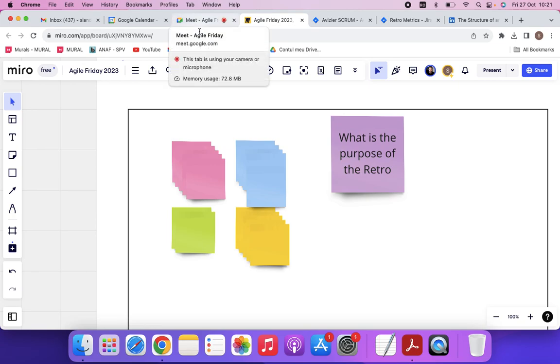For a retrospective, we should talk about the lessons from our previous sprints: what we did wrong, what lesson we can take from it, and how we can fix it.